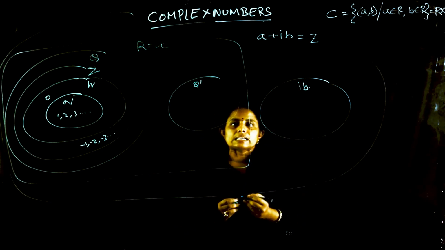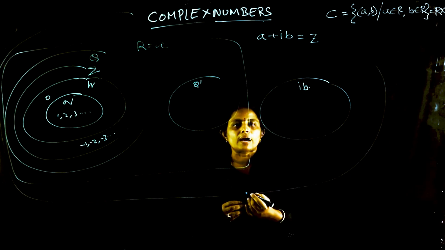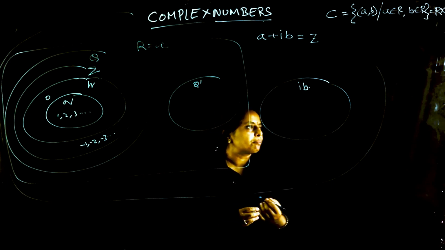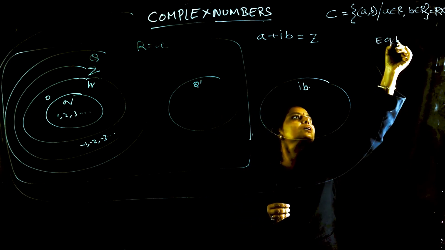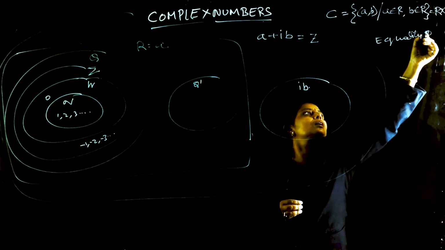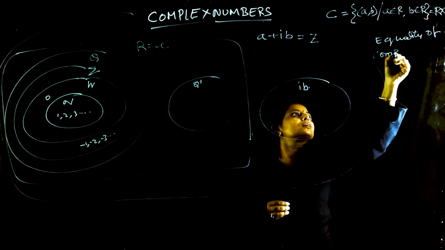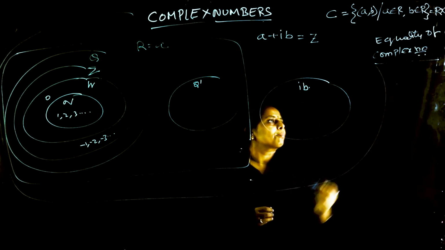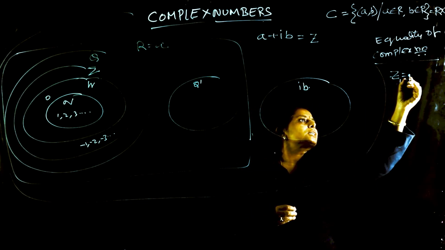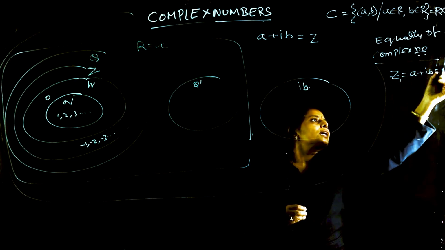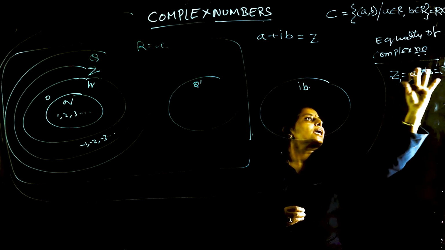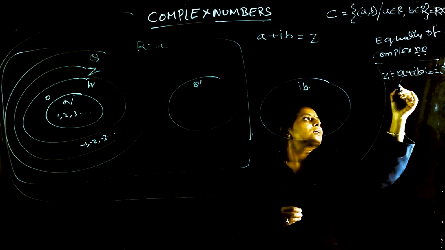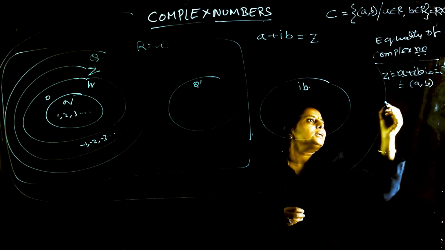So, let us now discuss equality of complex numbers. Say we have two complex numbers. Z1 is equal to a plus ib, in ordered pair it is (a, b).